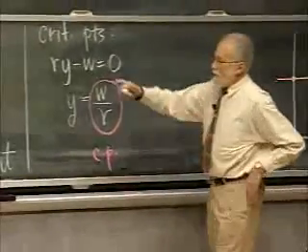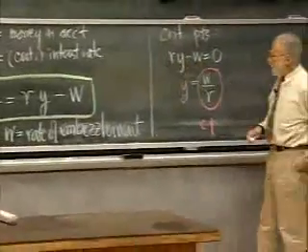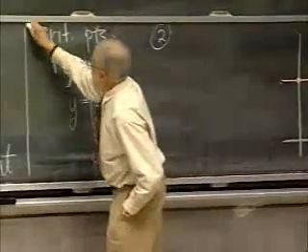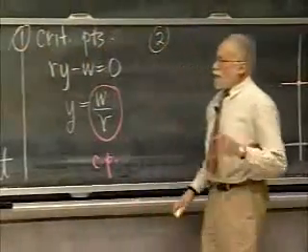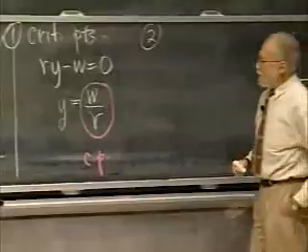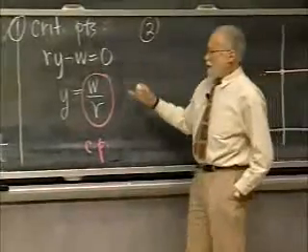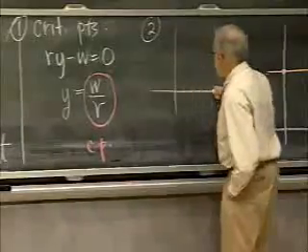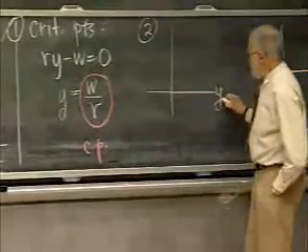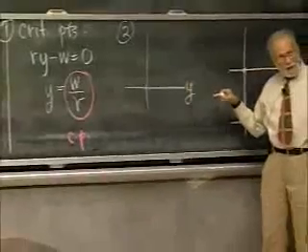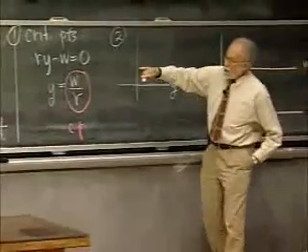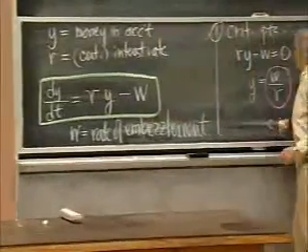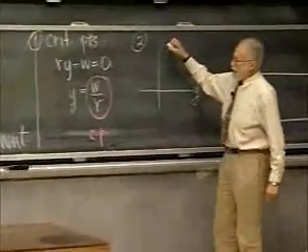Now, watch how I make the analysis, because I'm going to use 2 now. So if this was step 1, then step 2. Well, I'm going to graph f of y. Well, f of y is ry minus w. What does that look like? Okay, so here is the y-axis. Notice the y-axis is going horizontally because what I'm interested in is the graph of this function. So that function, what do I call the other axis?